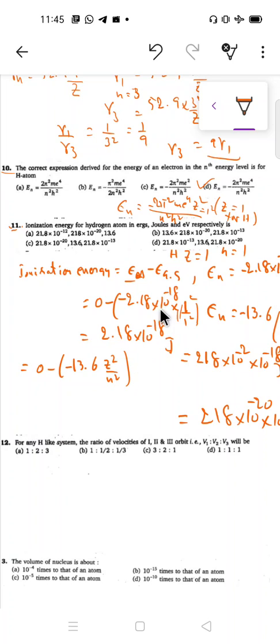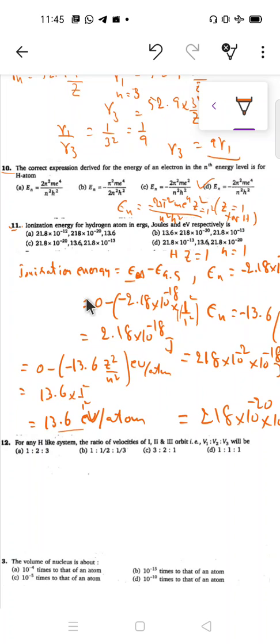Same, Z is equal to 1, n is equal to 1. So then 13.6 electron volt per atom, 1 square by 1 square. Finally you get 13.6 electron volt per atom. So this is very clear.